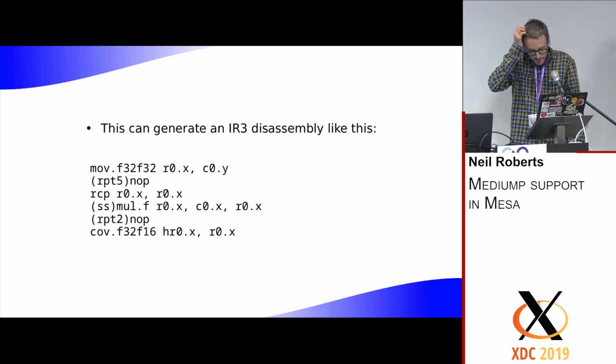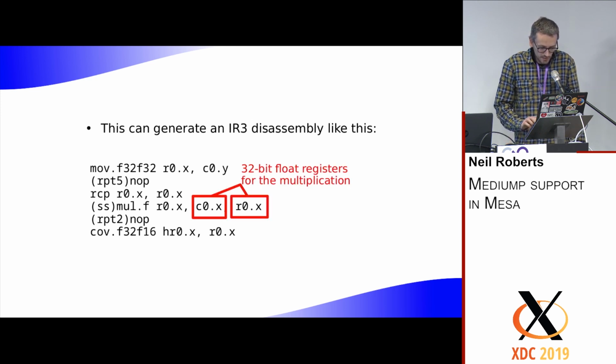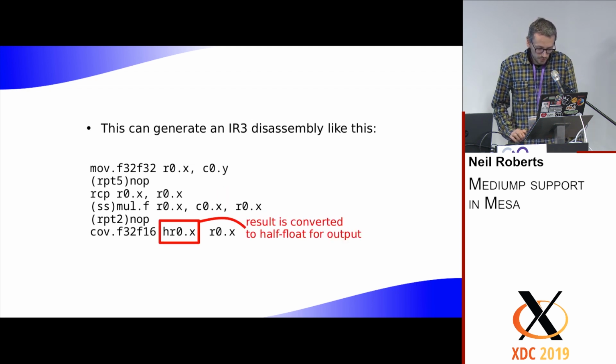So in the IR3 disassembly, this will end up looking like this. This is the division operation, and the two register operands to the division operation are coming from 32-bit registers. And then to store the result, we have this conversion operation back to float 16.